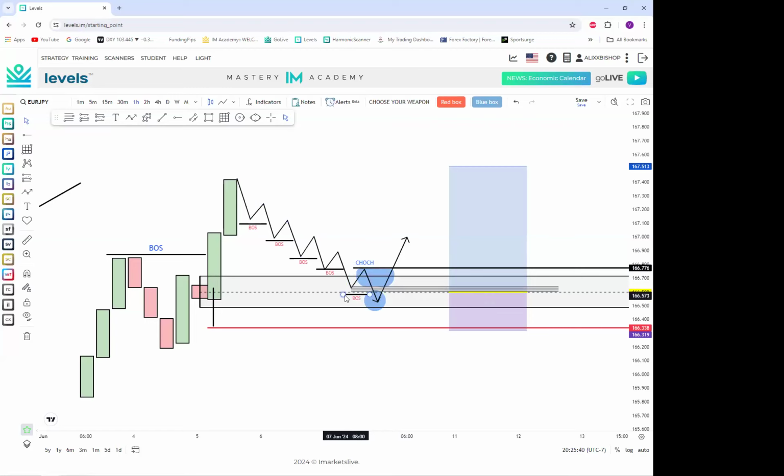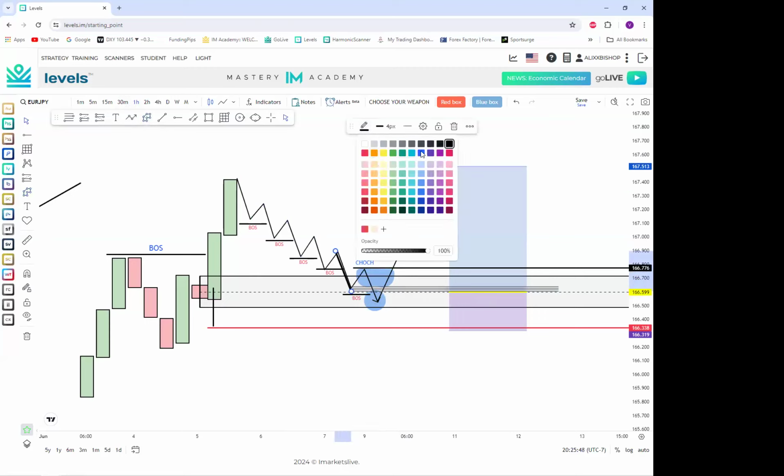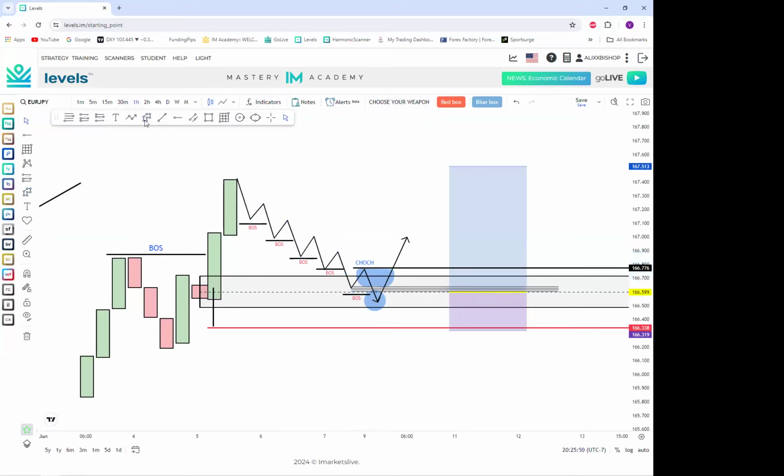Right? This last previous BOS, this is my shoulder. So we got shoulder. Let me just make this a different color. We got left shoulder right here. The neckline, where we need the change of character. We have the head that's inside the zone, right?